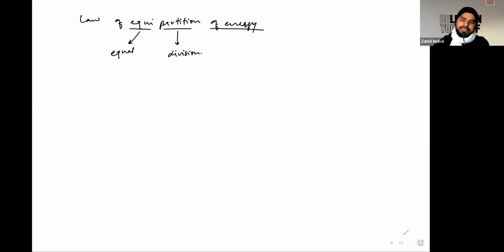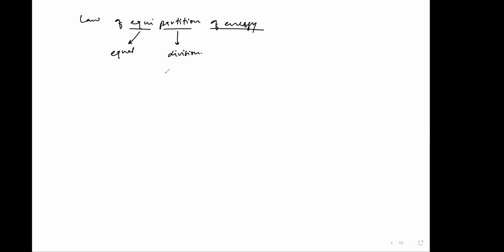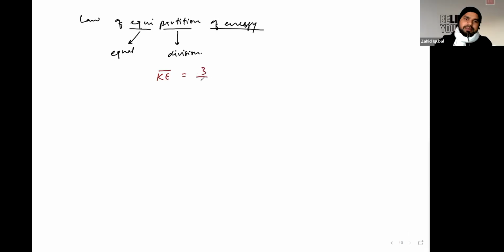How many degrees of freedom are there in monoatomic gas? Fatma, tell me the number of degrees of freedom for monoatomic gas. 3. Good. So the average kinetic energy of monoatomic gas is 3/2 kBT.